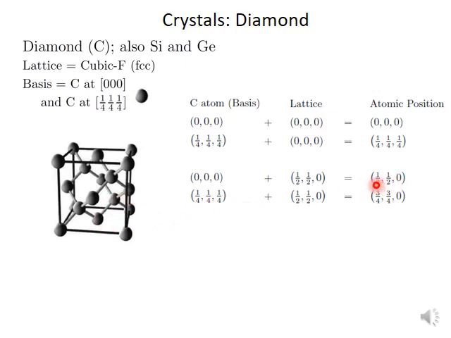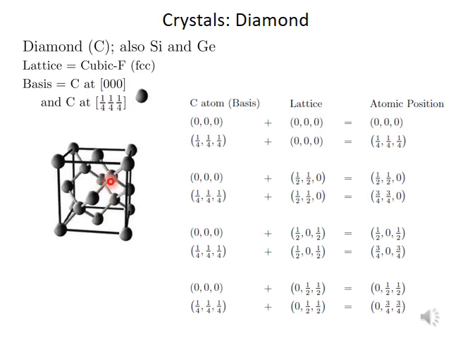So this location corresponds exactly to this lattice point, and then you place an extra atom at a quarter, a quarter, a quarter away from this lattice point, and that gives you another extra atom in the crystal. And similarly you can do the same for the other two lattice sites.